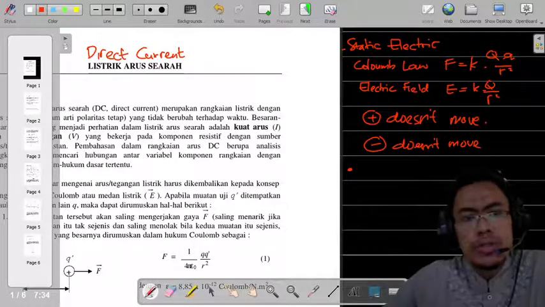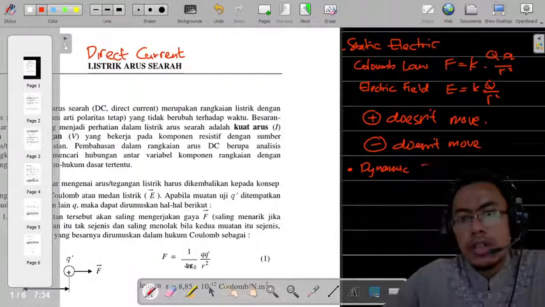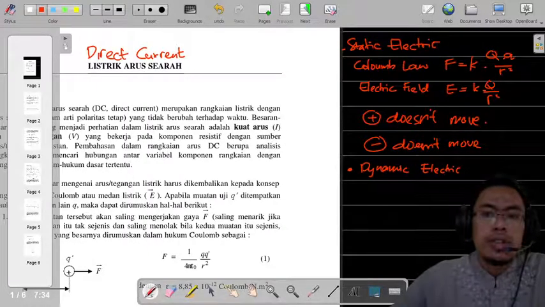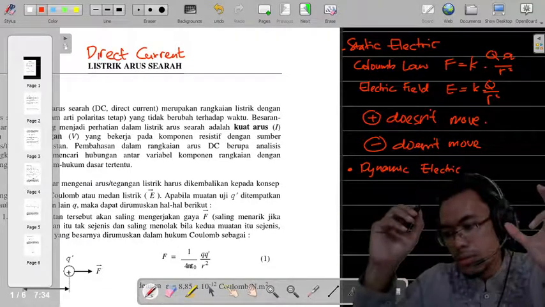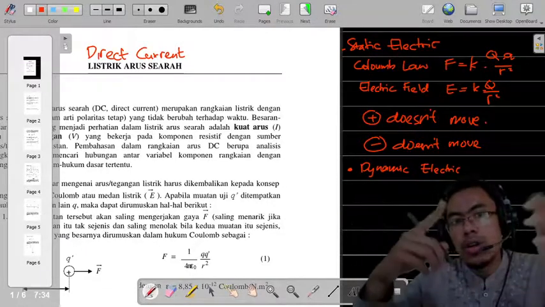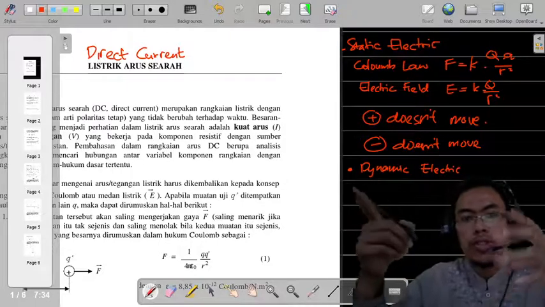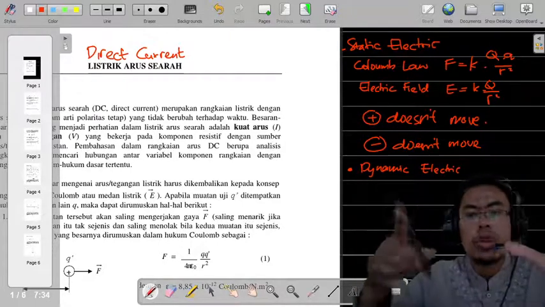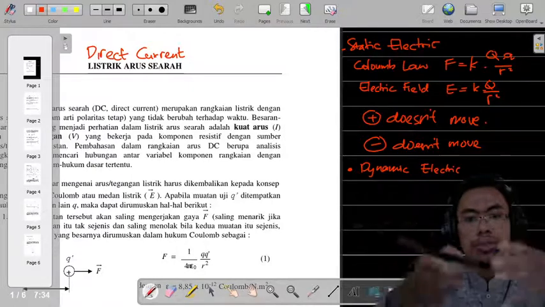What we are going to learn now is dynamic electric. In dynamic electric, we learn how charge moves from one point to other points, and what effect is produced by this movement.